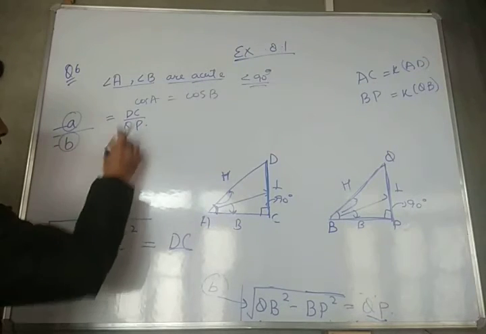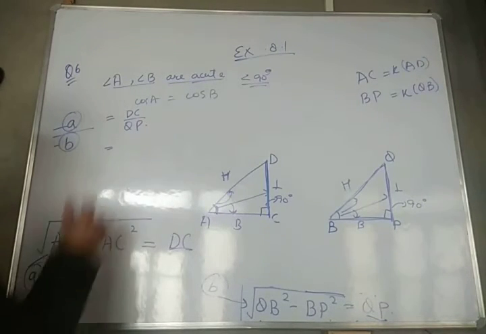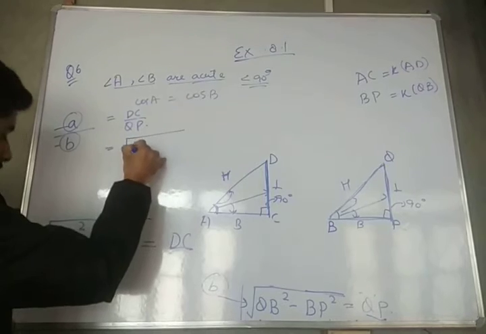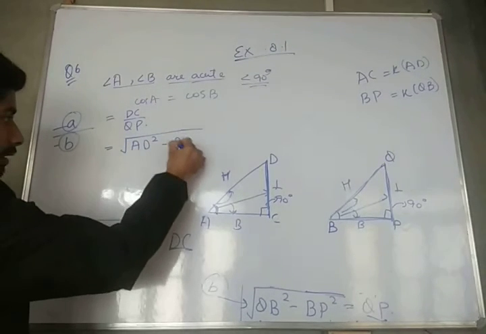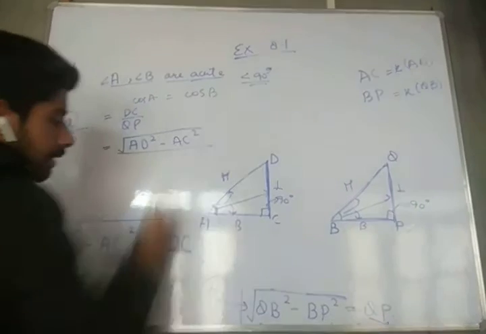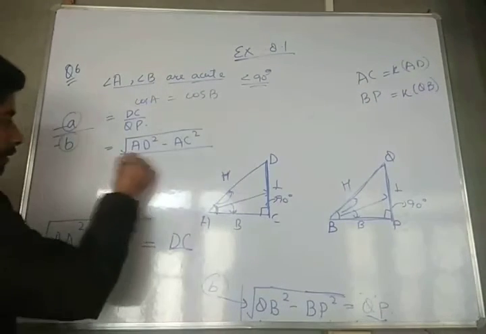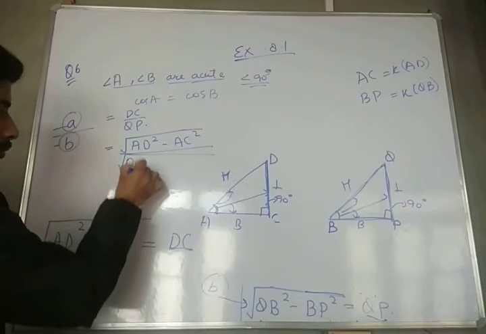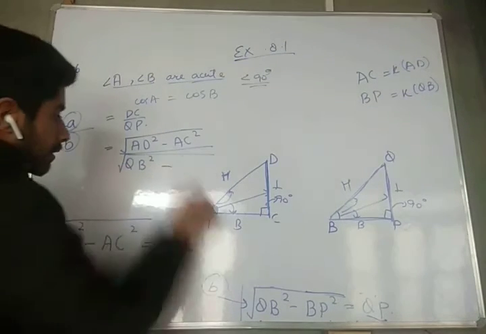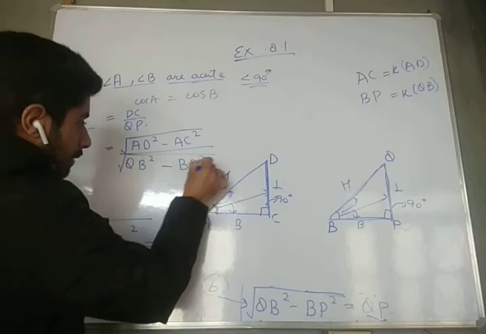Now, what is the value for this DC? It's square root of AD square minus AC square divided by this, because this QP is equal to this, square root of QB square minus BP square.